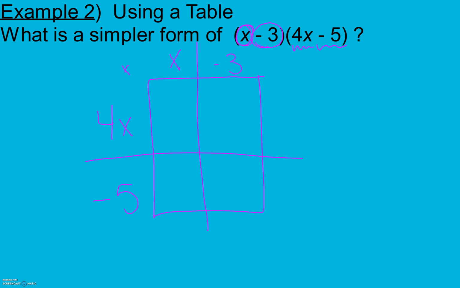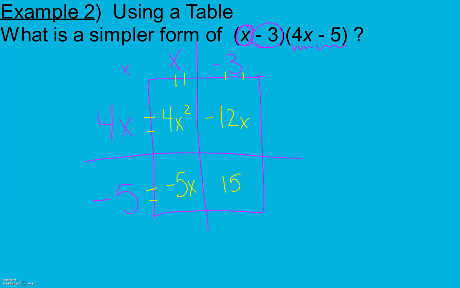So here, I'm going to take x times 4x. I'm going to get 4x squared. I'm going to take negative 3 times 4x, get negative 12x. Here, I'm going to take x and negative 5, and get negative 5x. Here, I'm going to take negative 3 and negative 5, and get a positive 15.